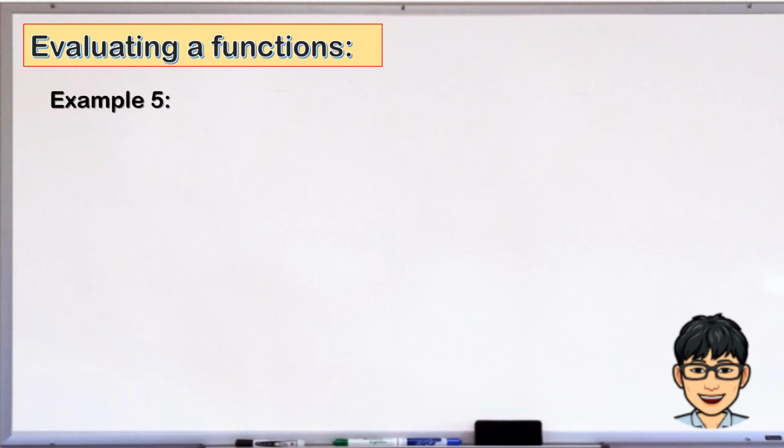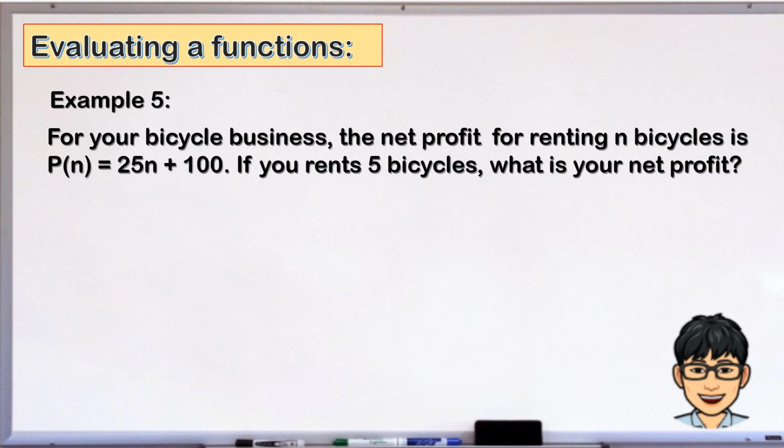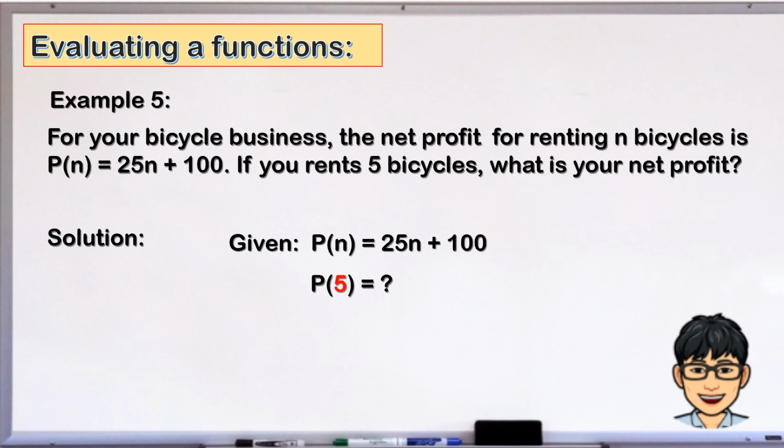Okay, for our last example. For your bicycle business, the net profit for renting n bicycles is P of n equals 25n plus 100. If you rent 5 bicycles, what is your net profit? Okay, so sagutan natin to. Now, since ang given natin ay P of n equals 25n plus 100, at ang hinahanap natin ay P of 5.